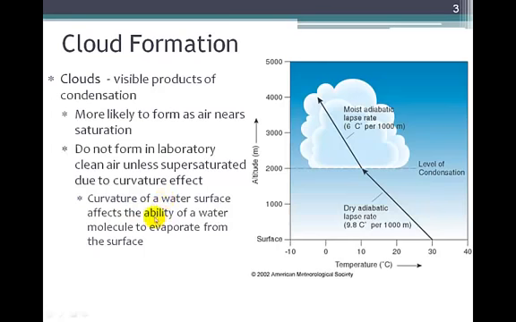If you think of a tiny little droplet of water, the smaller the droplet, the rounder it's going to be, and the rounder it is, it changes the properties of that water to interact with the environment. We call this the curvature of the water surface.